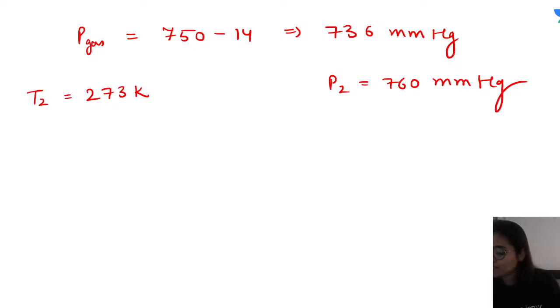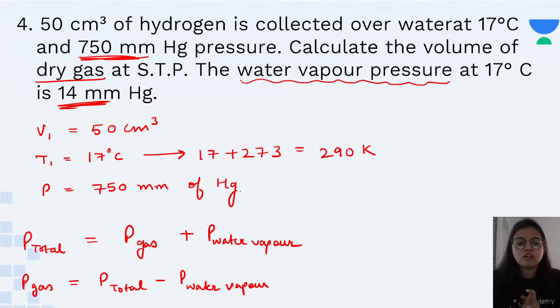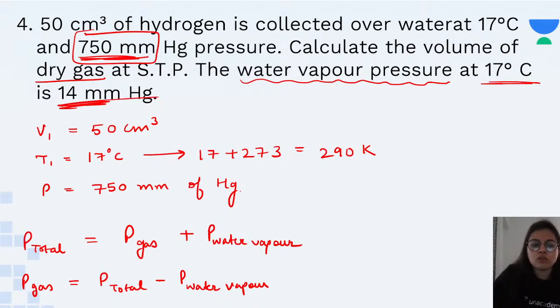Why is 14 subtracted? Okay, see Mohammed, this question says that 750 mm Hg pressure is given to us, and water vapor pressure is given to us as 14 mm of Hg. Now, the total pressure of any gas is equal to the pressure of the gas alone plus the pressure of water vapor.